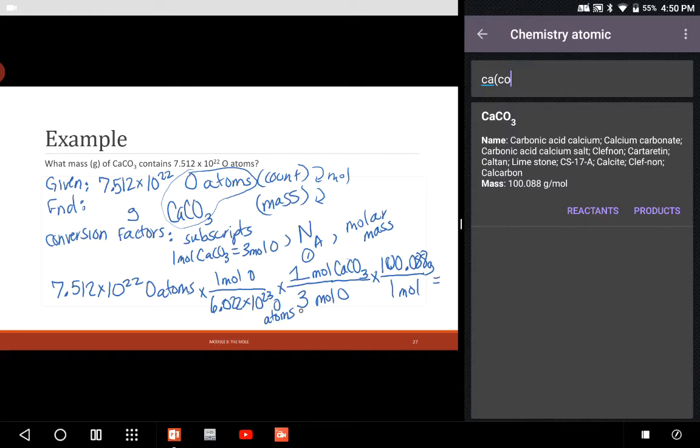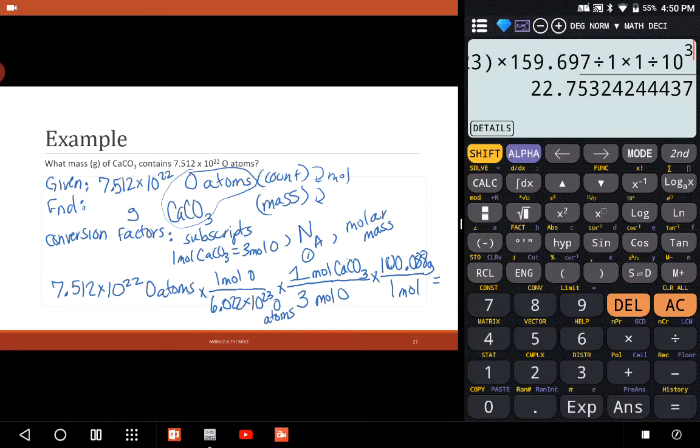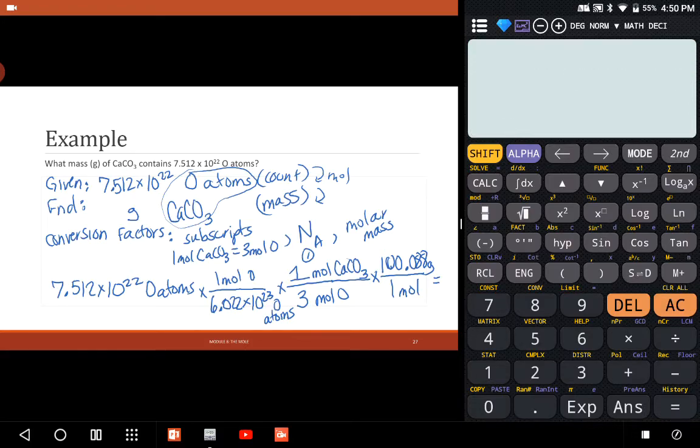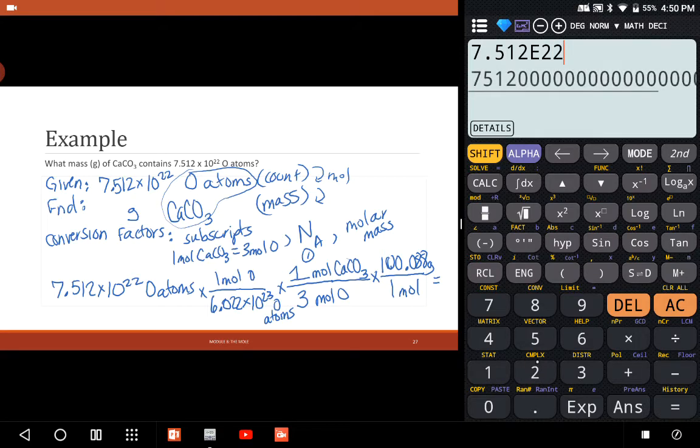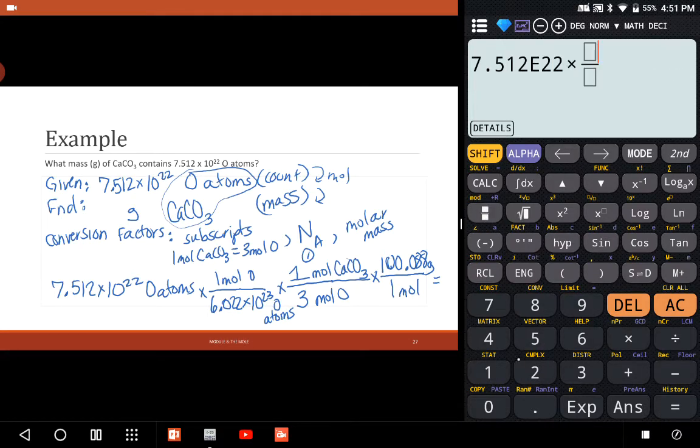And so now I can go back and I can type this all into my calculator. And so that is 7.512 times 10 to the 22nd power times, I like the multi-line fraction, so I'm going to do that. 6.022 times 10 to the 23rd power.